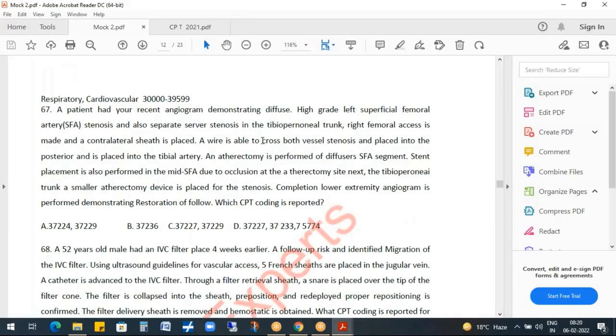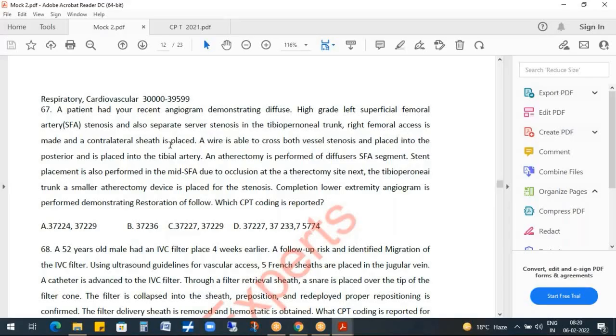But here, how many are involved in total? High-grade left suprafemoral artery stenosis and also separate stenosis in the tibioperoneal trunk. Two are involved, right? One is femoral artery stenosis, another one is tibioperoneal trunk stenosis.